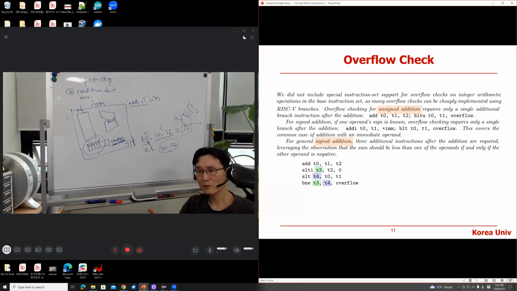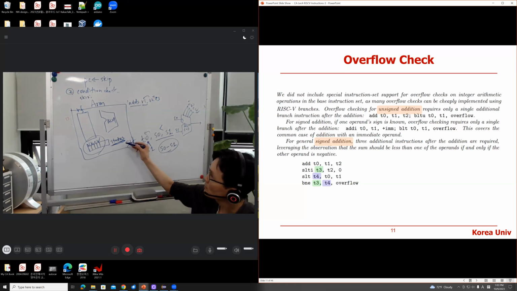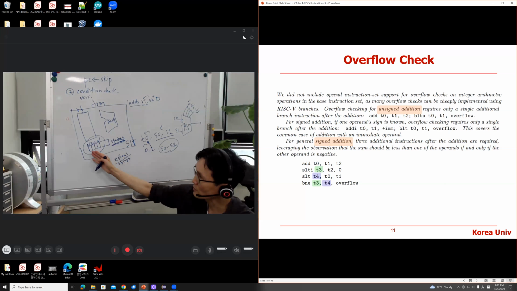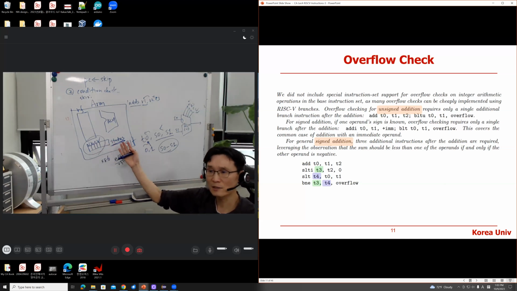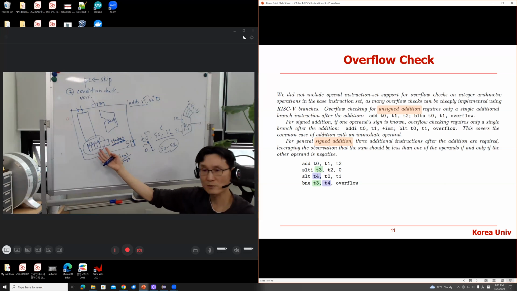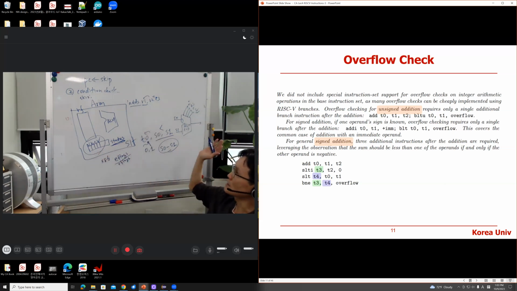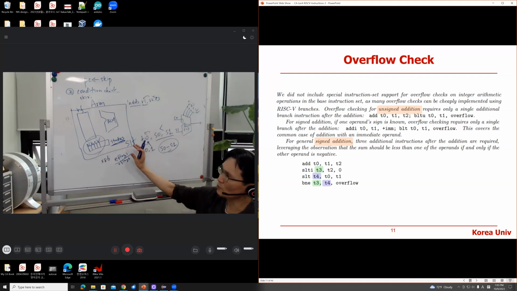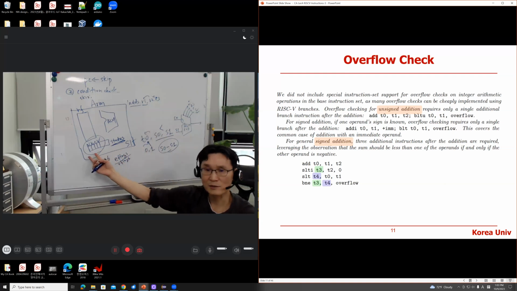The same thing goes for x86. Intel x86 also provides the EFLAGS or RFLAGS register. Anyway, the flag register provides the same information, and software can access those flags. But RISC-V does not provide flag registers.